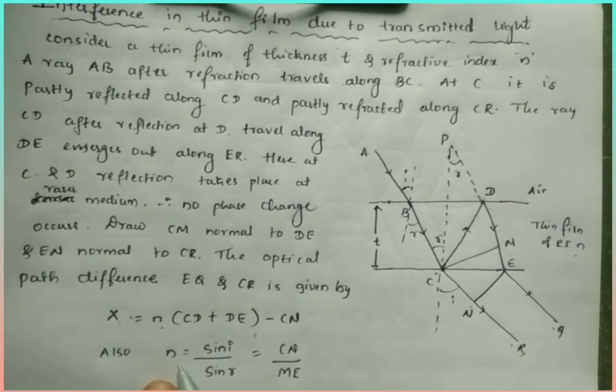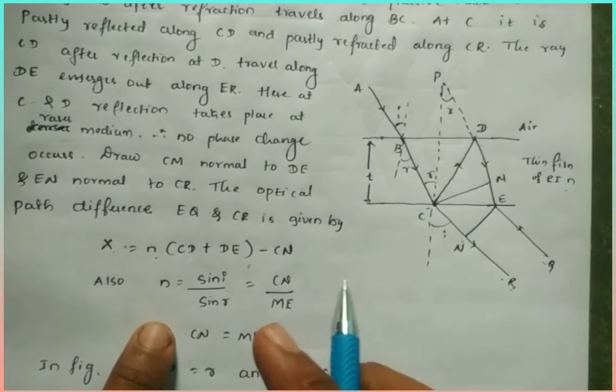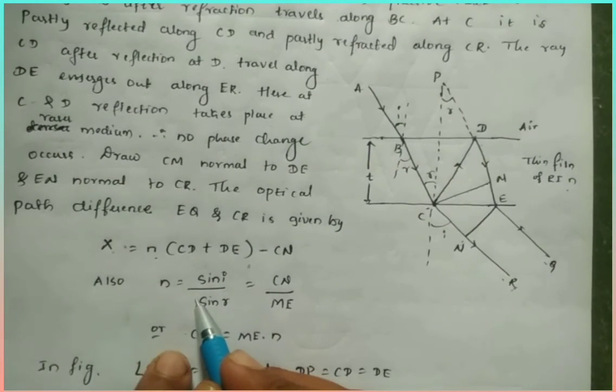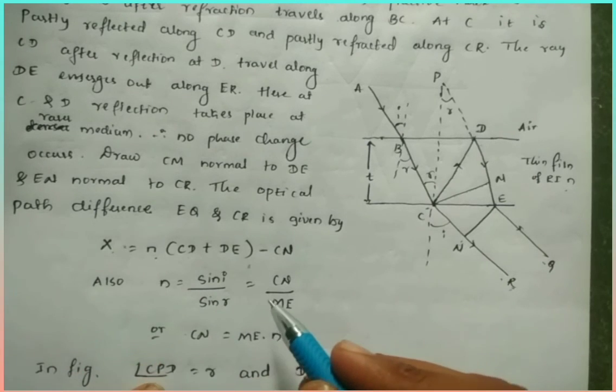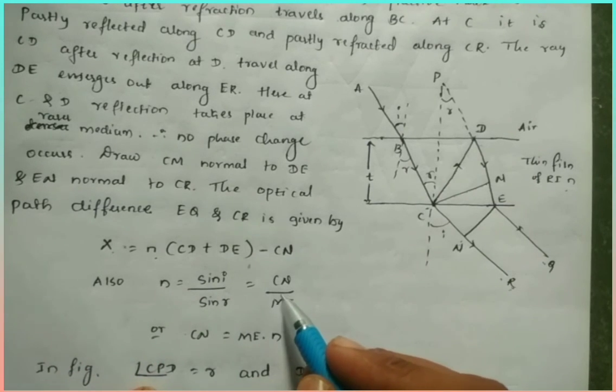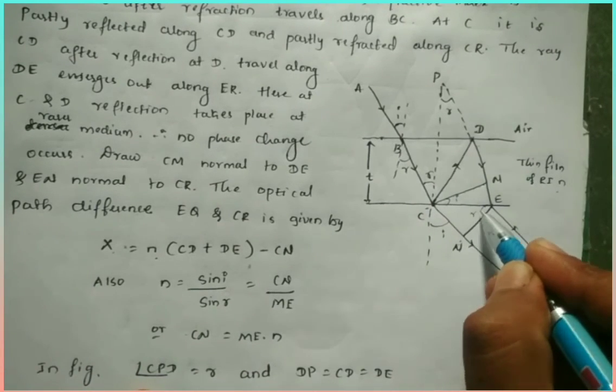Now we also have to take n equal to sin i divided by sin r. We know that this is Snell's law for refractive index. Here you have to take sin i, this is the angle i, and this is the angle r.